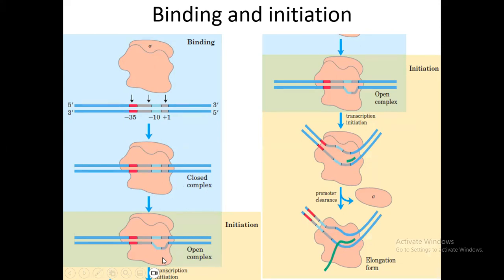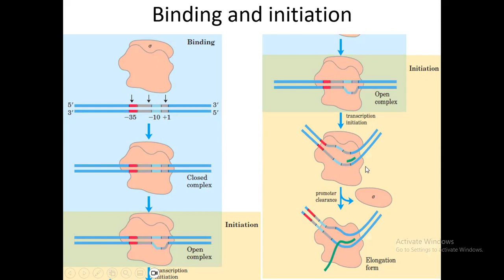Once the open complex is formed, then the RNA polymerase core enzyme can begin with the initiation stage, wherein it starts adding or polymerizing ribonucleotides, forming a short stretch of RNA.